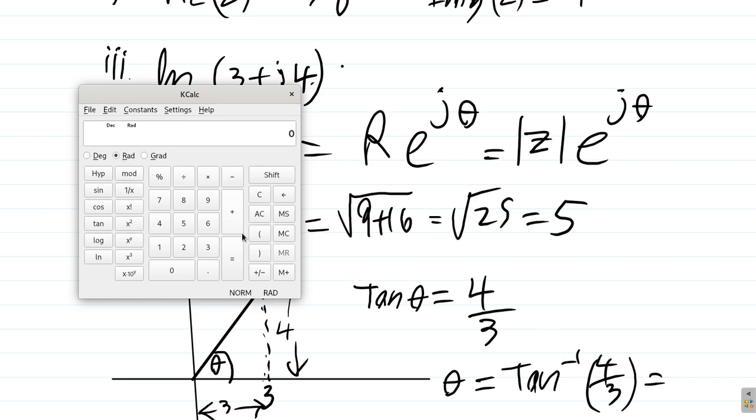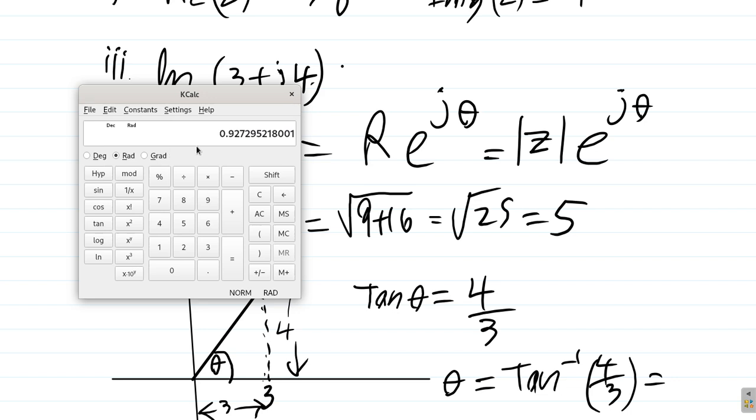I have my calculator in radians. 4 divided by 3, then shift and arctan, same as tan inverse.